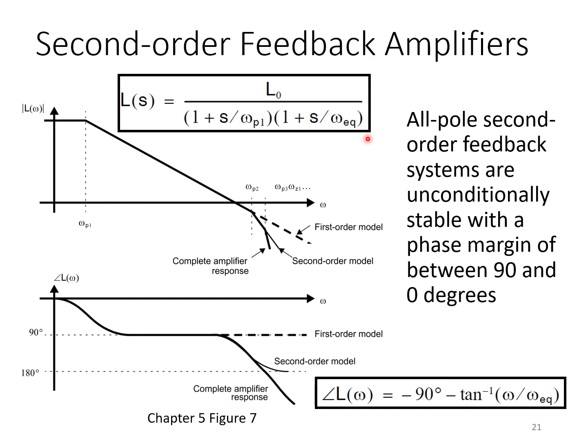We just have to choose an appropriate frequency for the equivalent second pole so that the phase response of our second order model follows relatively closely the complete amplifier's open loop phase response, especially over the frequencies that are most of interest to us, that is, those frequencies around omega t, the unity gain frequency.